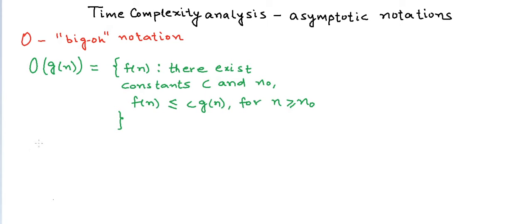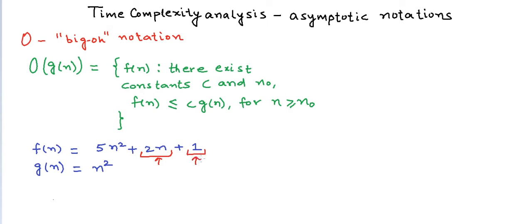Let's say we have a function f(n) = 5n² + 2n + 1, and we have g(n) = n². Now let's see, this 2n can never be greater than 2n², and this 1 can never be greater than n².